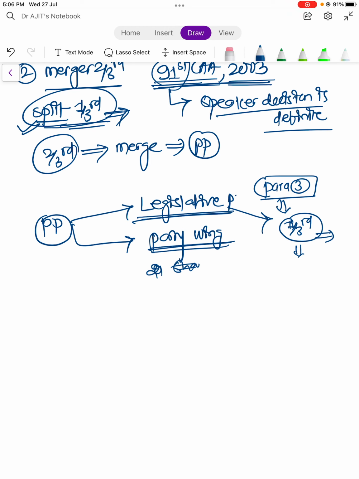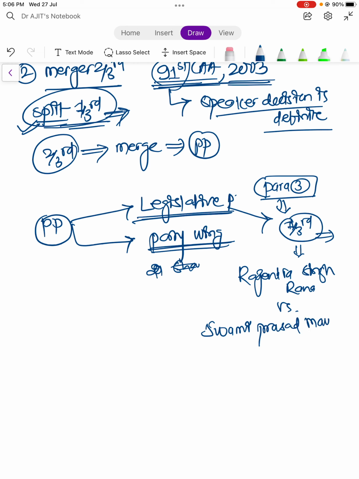But there used to be a lot of cases. In one of the cases, a person went to the Supreme Court, that is Rajendra Singh Rana versus Swami Prasad Maurya. This was a 2007 case.